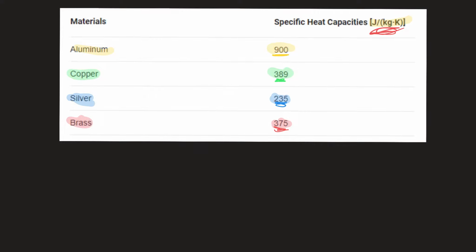Kelvin. When you're looking at this, it simply means that if you were to apply energy to each of these 4 metals for the same time period, you will find that silver will heat up the fastest. Why? It only requires 235 joules of energy to increase 1 kilogram of it by 1 degree Kelvin.